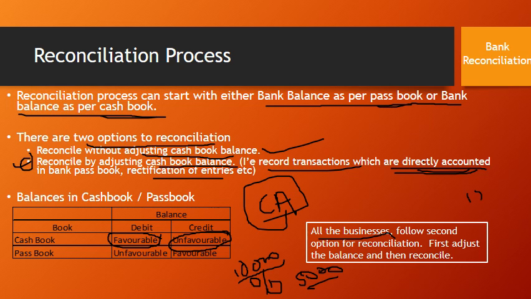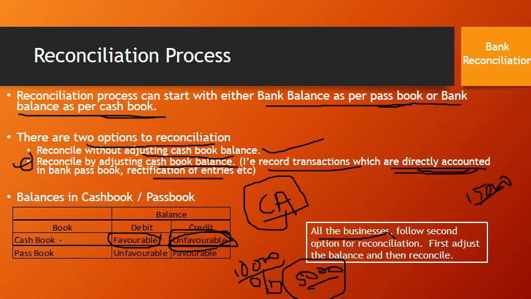In this case, the balance will be called an unfavorable balance. Favorable balance means a positive balance in a cash book, and unfavorable balance is a negative balance in a cash book. The negative balance appears in a cash book because we have OD facilities.